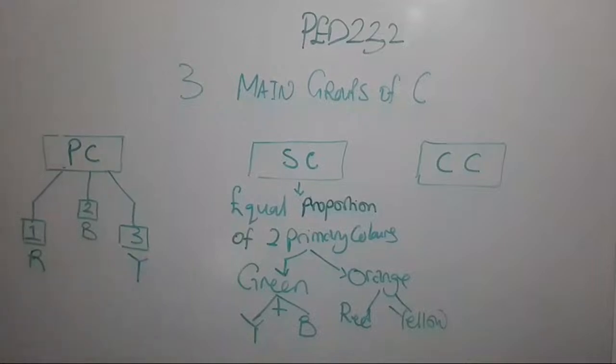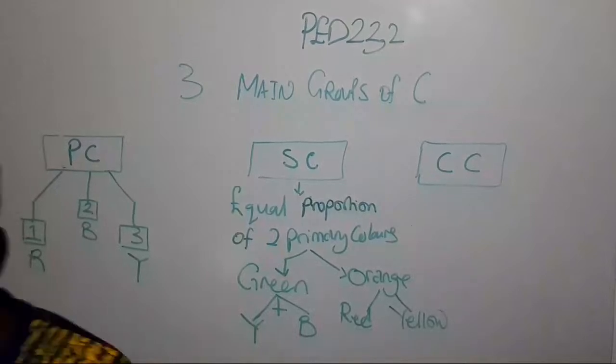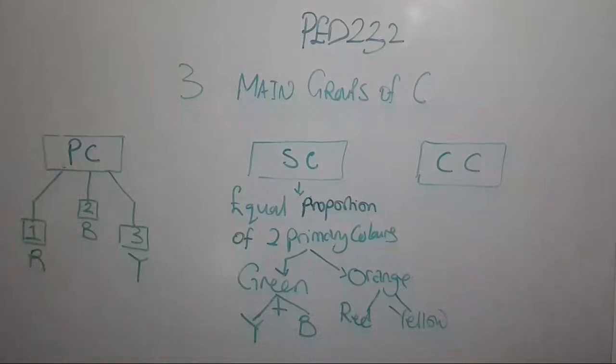Now, let's take a step further. When we say the composite color, the composite colors, we have the likes of red and yellow colors are composites of orange.